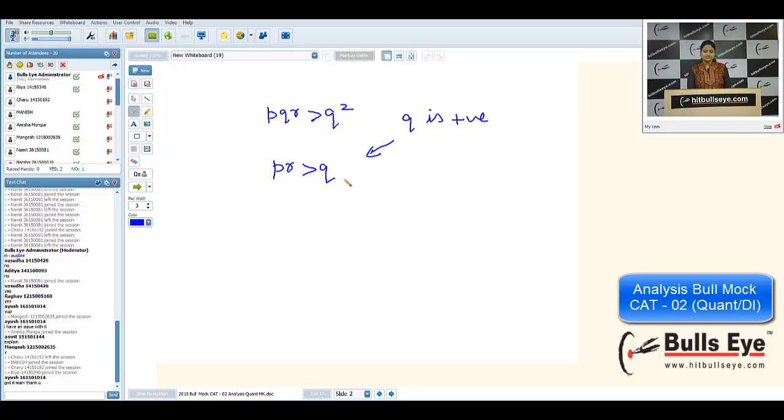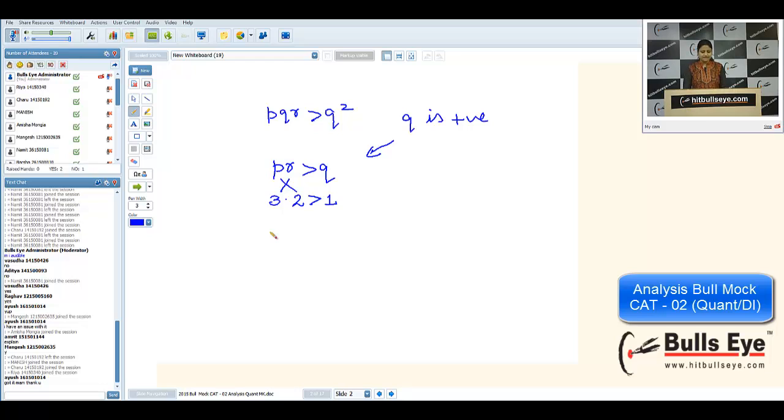Now there can be numerous cases. Let me take q as 1. So P I am taking as 3 and R I am taking as 2. Now P and R, they can be 3 and 2 respectively, and P and R, they can be 2 and 3 respectively. Both these values are possible. That's why we cannot say whether P is greater or R is greater. There can be many cases. Since I am getting 2 possible cases, that's why this statement alone is not sufficient to answer this question.